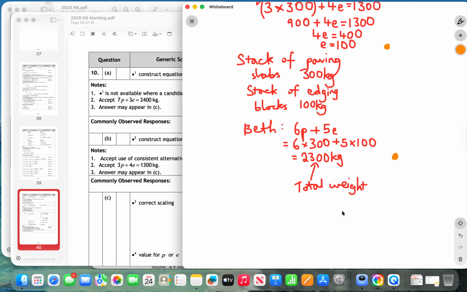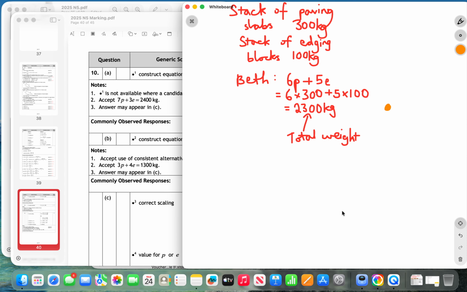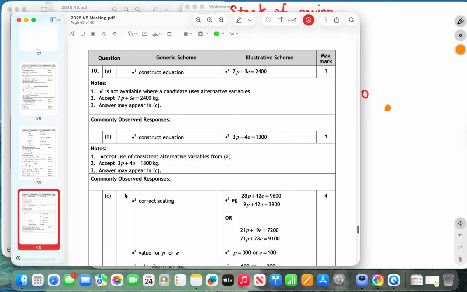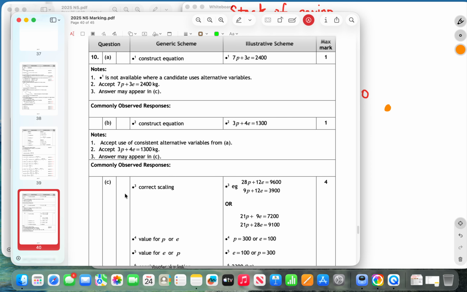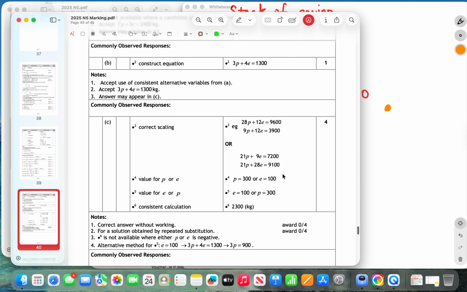As a general rule, you usually lose marks. There might be exceptions if the question specifies use trial and error.